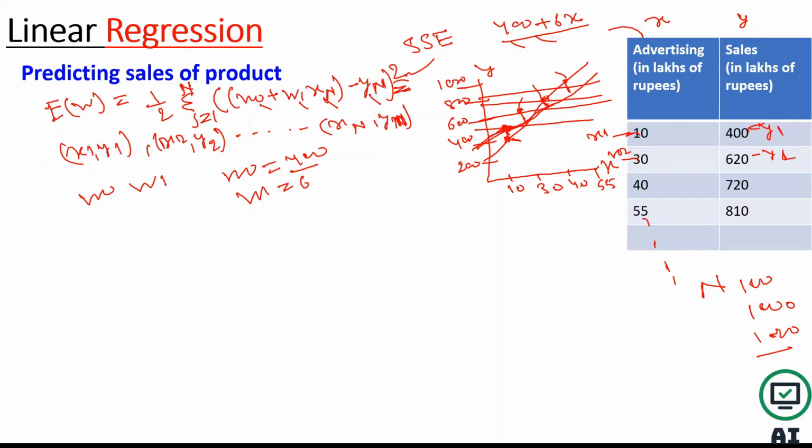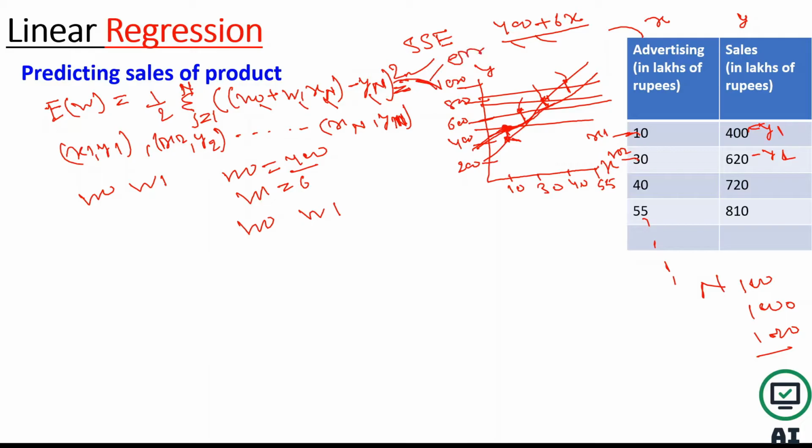I hope you have understood the actual meaning of all these things. Equivalently, we are asking what are the W0 and W1 that minimize the error function, which is nothing but this.